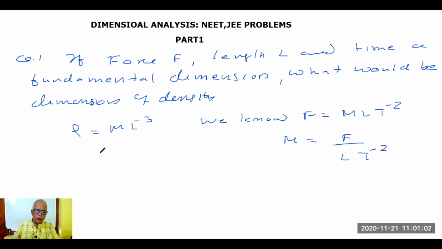So rho is equal to, putting F by L T minus 2 for M, into L cube, so L raised to minus 4, T square is the required dimension.